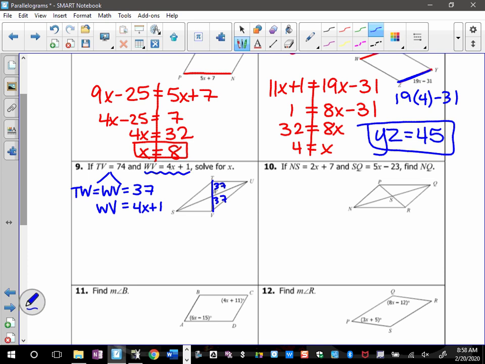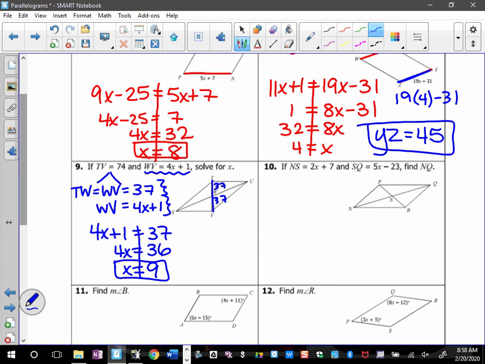If WV is 37 and WV is 4x plus 1, I can just set those equal. Subtract 1, and I have 36. So x is 9. Use your pictures to help you. You could have doubled the WV to equal 74, but if you're cutting in half on your picture, you might as well keep it that way.